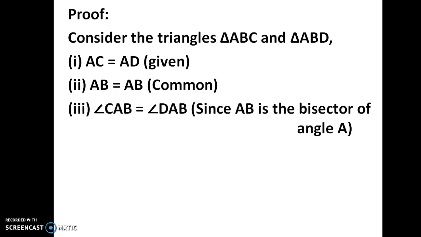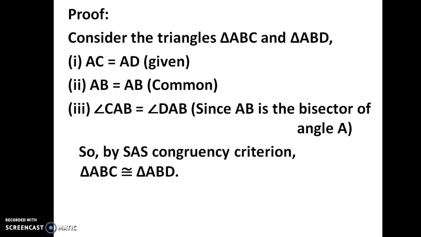Then angles: angle CAB is equal to angle DAB. Why? Because AB is the bisector of angle A, which divides it into two equal halves. So which criterion can we use here? We can use SAS, side, angle and side. By that congruency, these two triangles are congruent.